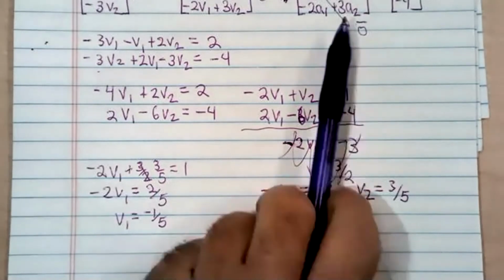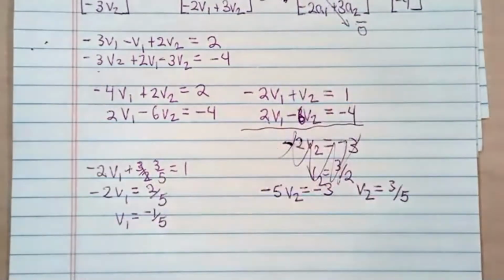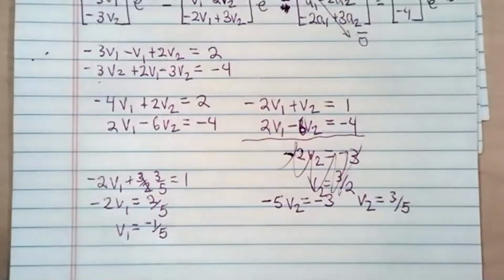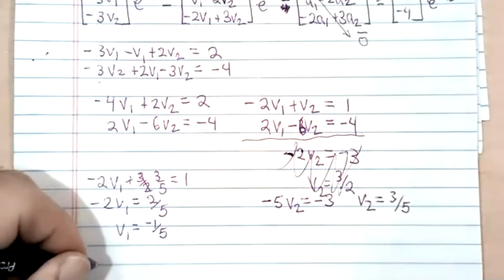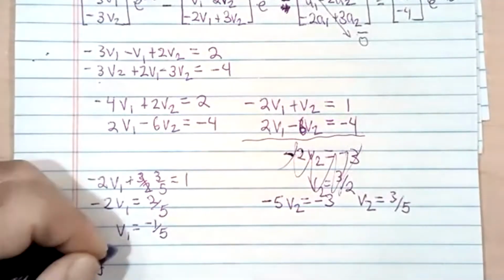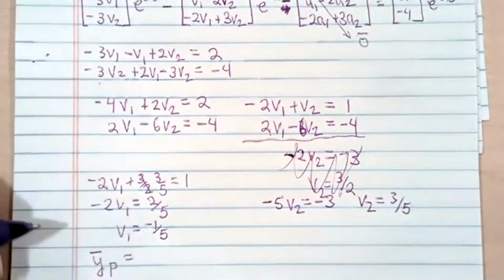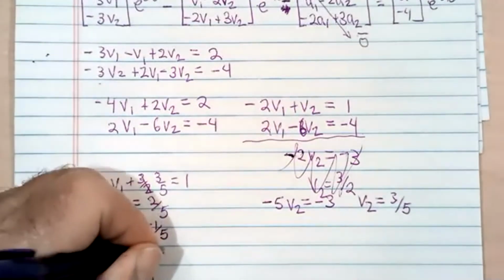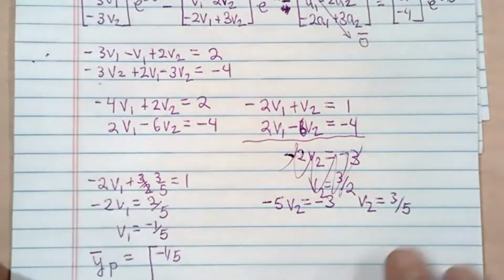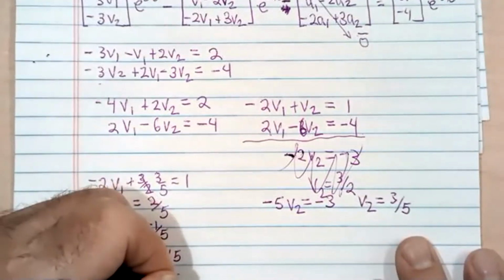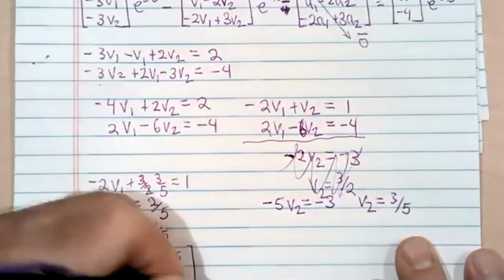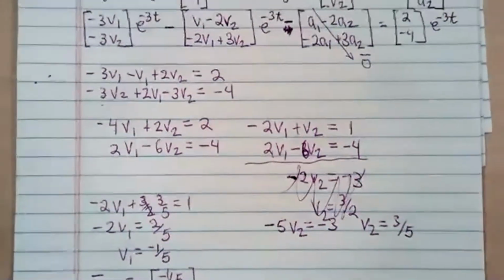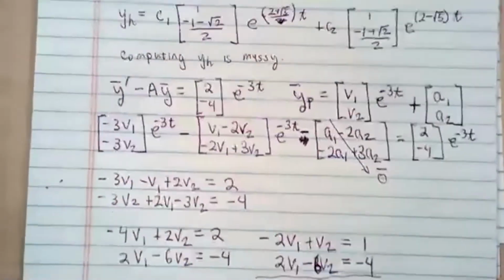And we earlier decided the A's were just zeros, so we don't have to worry about those. I think we're there. So it looks like yp equals v1, which is minus 1/5, v2, which is 3/5, times, and remember, all the way back where?